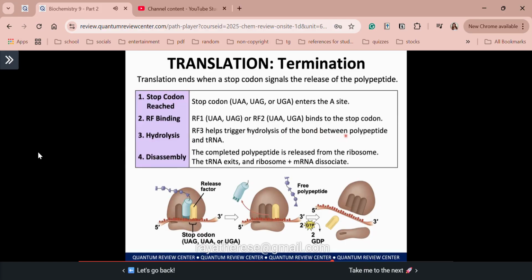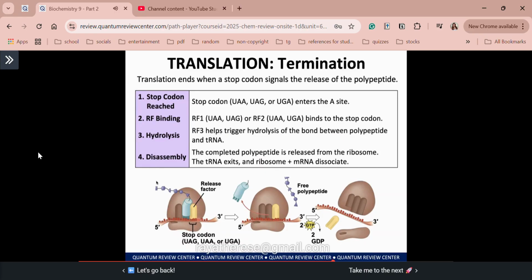Okay, so class, here it is. So your release factor will detect if your stop codon has been accepted or accommodated in your A site.